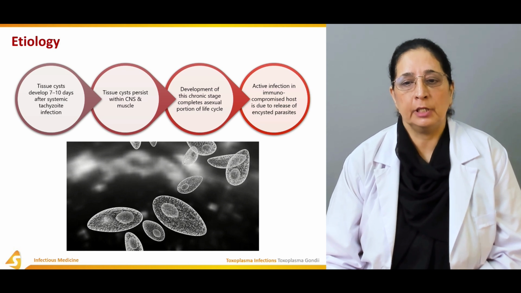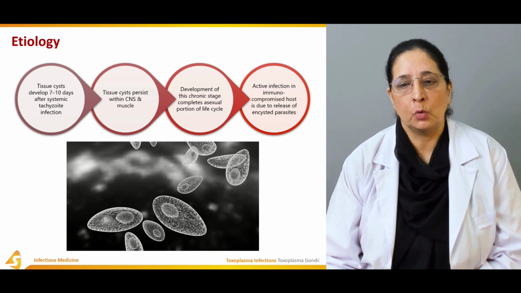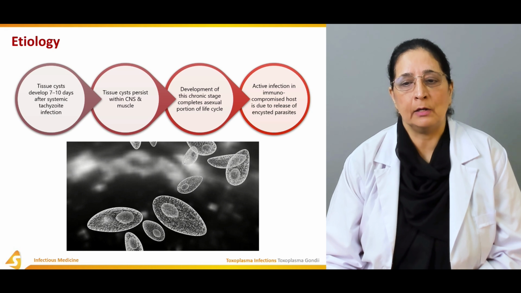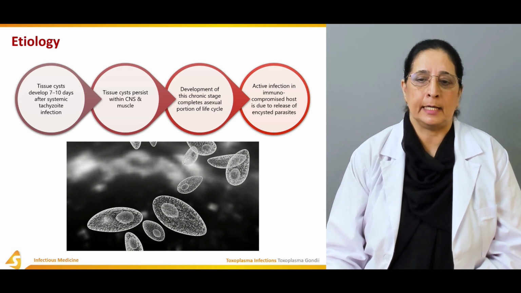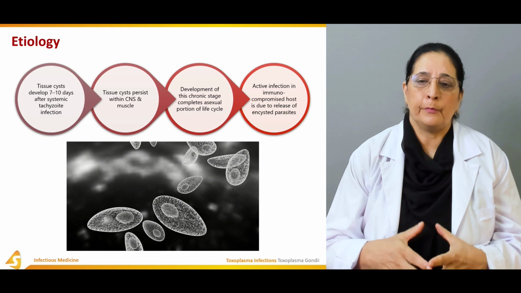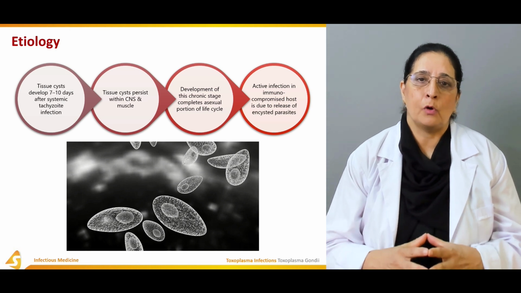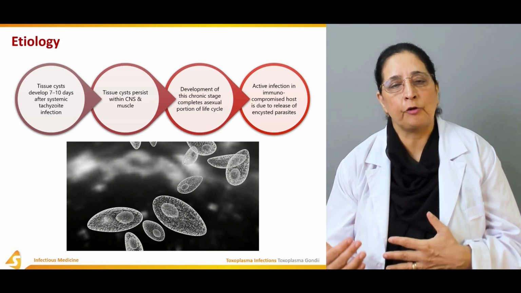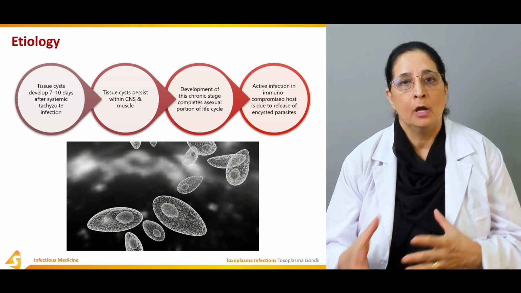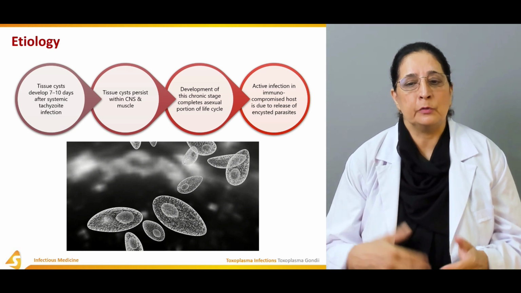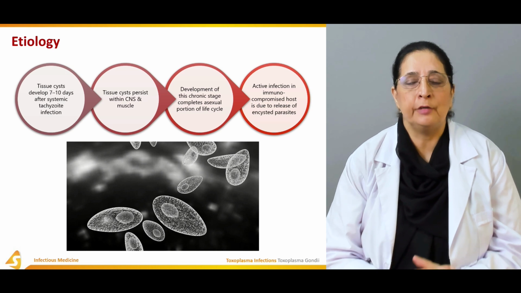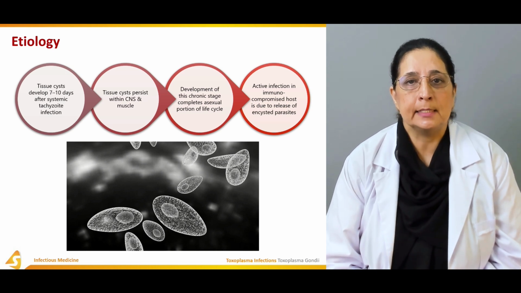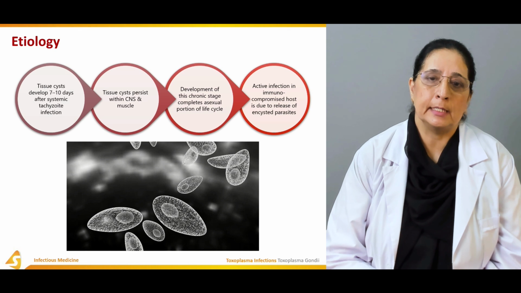Active infection in an immunocompromised host is due to release of the encysted parasites. So in the immunocompromised, not in the immunocompetent, we see the chronic type of infection, or chronic toxoplasmosis, that is due to the release of the encysted parasites that are present in the body.